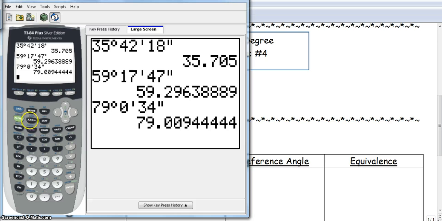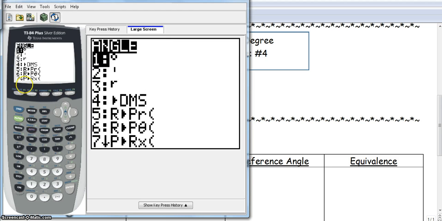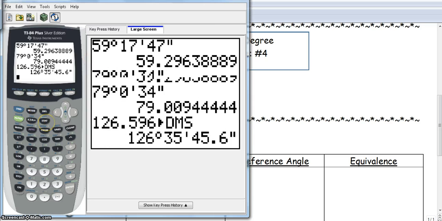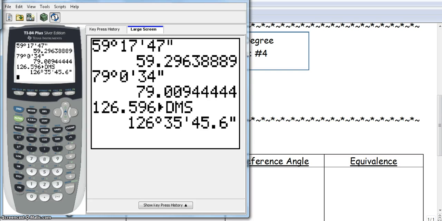So let's type this in one more time here. And again, you can just go straight to second angle and choose option 4, degrees, minutes, seconds, and voila, you are done. We are going to round to the nearest second, so this 45.6 will become 46 seconds.